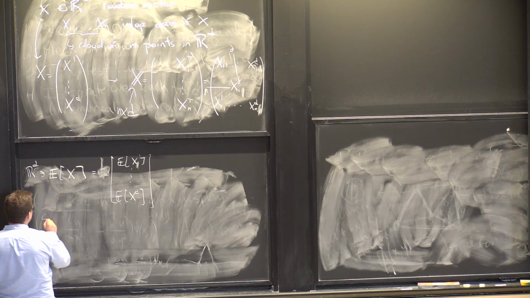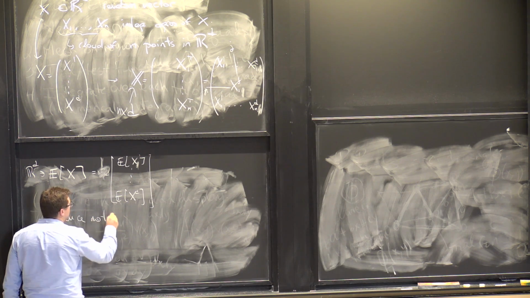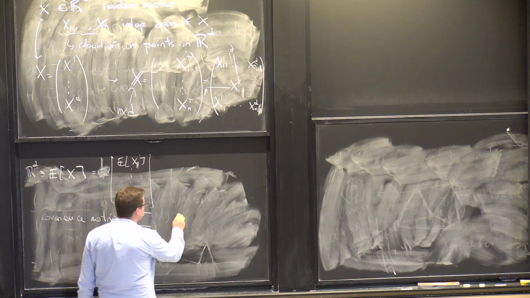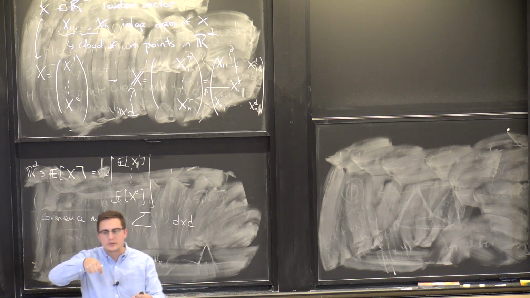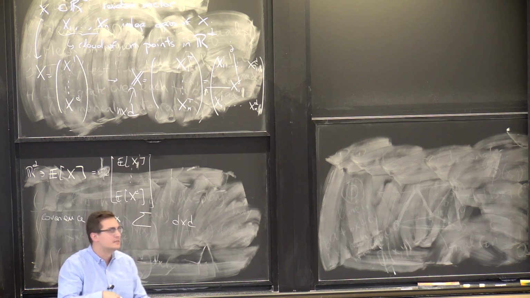So the covariance matrix sigma, that's a matrix which is d by d. And it records in the jkth entry the covariance between the jth coordinate of x and the kth coordinate of x. Okay?